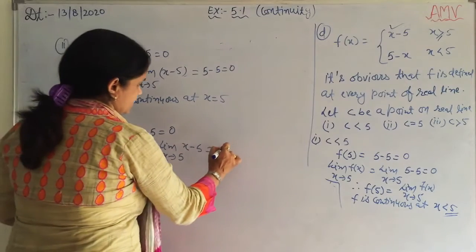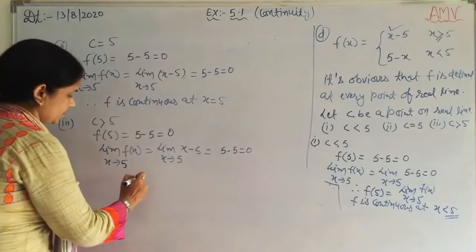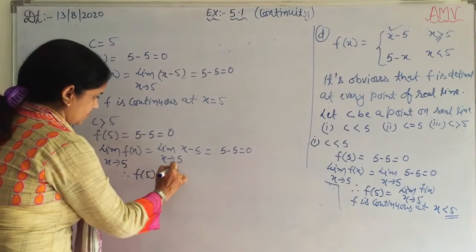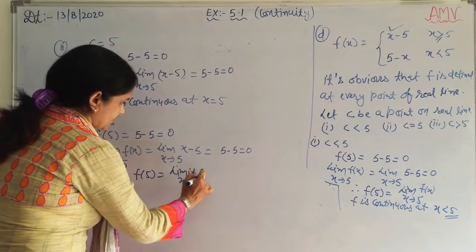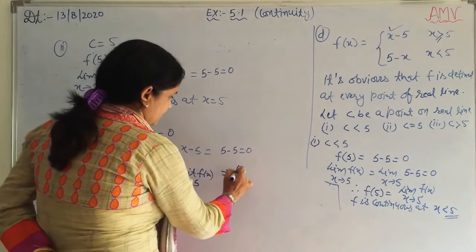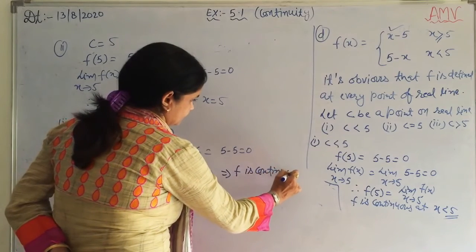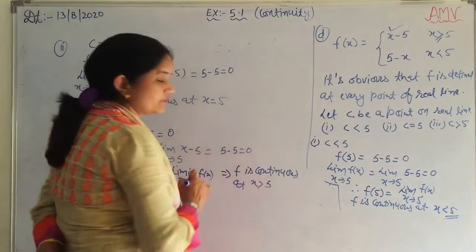Substitute 5, so 5 minus 5 is 0. Here also f(5) is equal to the limit as x tends to 5 of f(x). So the function is continuous at x greater than 5.